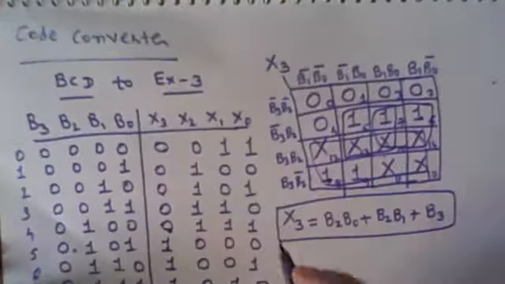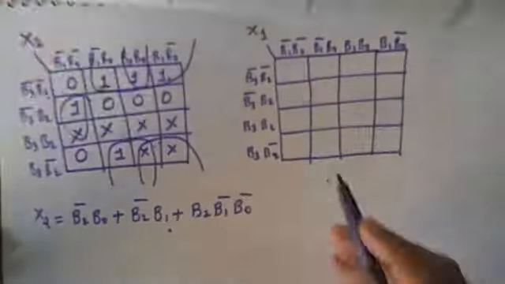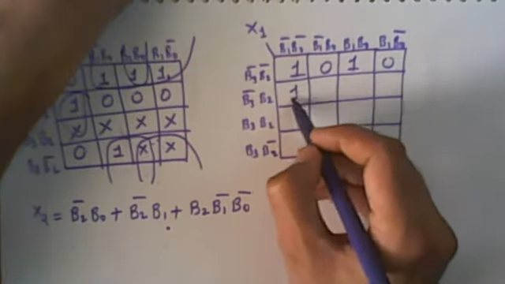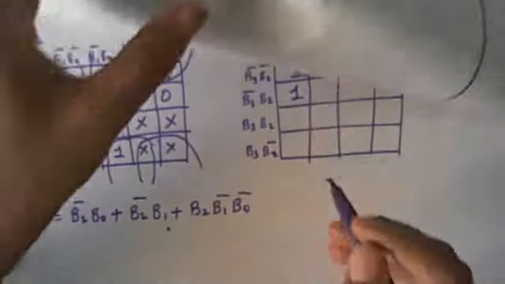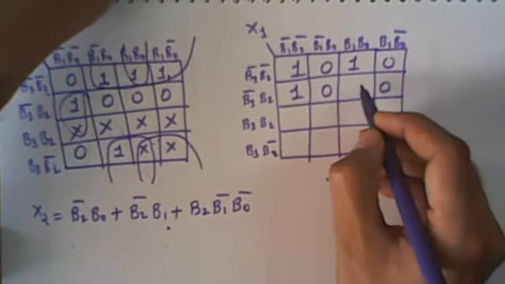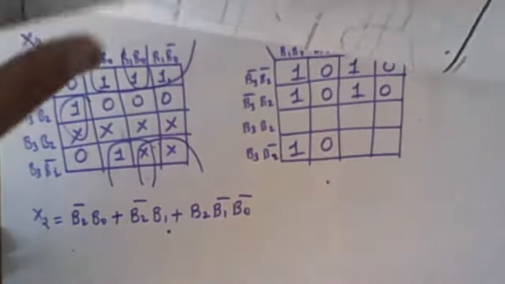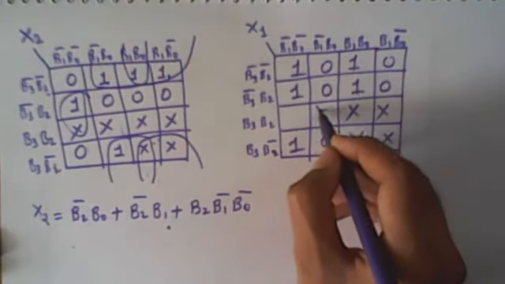Let's see from the x1: 1, 2, 0, 2, double 1. So 1, 2, 0, and double 1. Double 0, double 1, double 0, double 1, and last is 0.